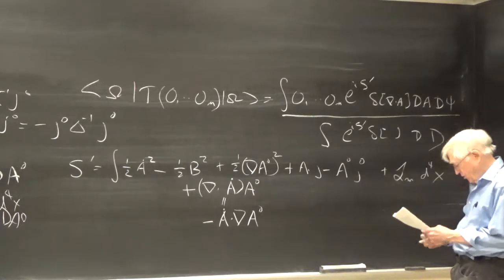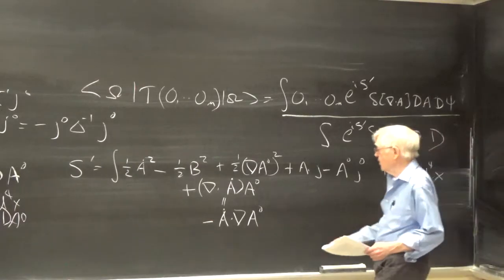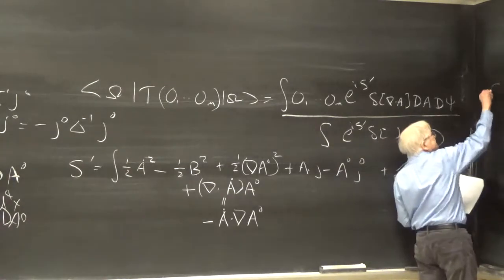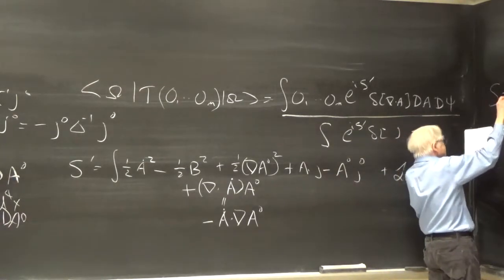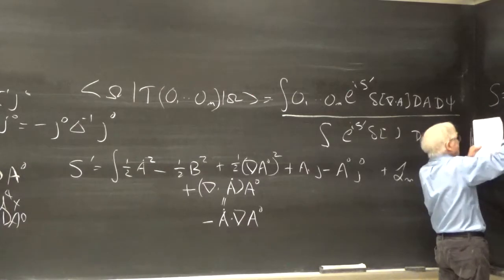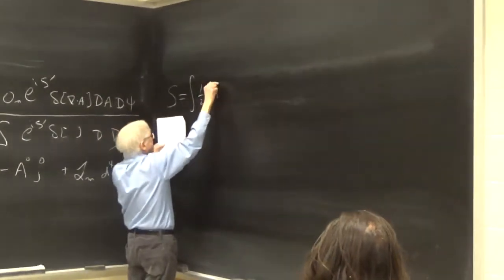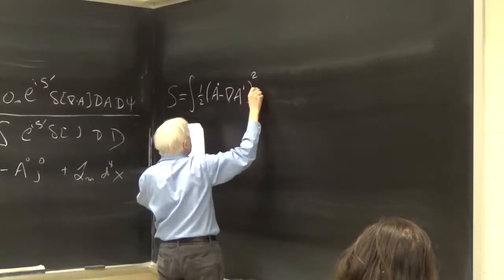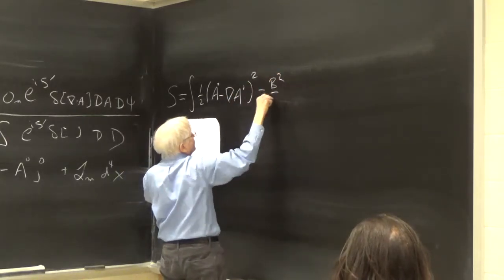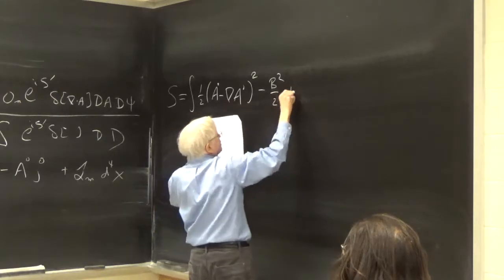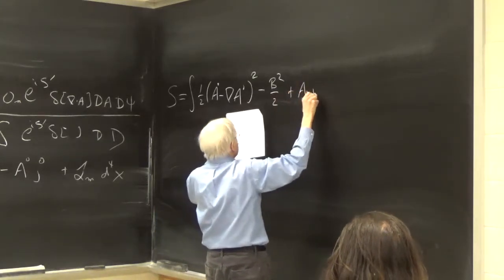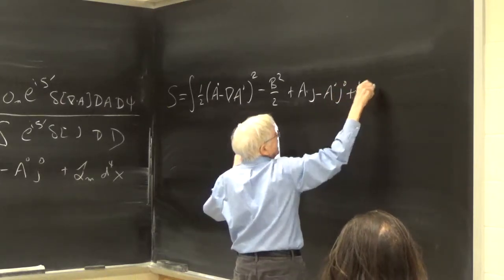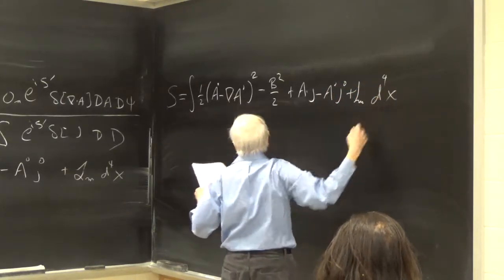Okay, so what do we have at this stage after we pop in this term? What we've got is that S prime becomes S, which is an integral of 1/2 (A dot minus grad A0) squared minus B squared over 2 plus A dot J minus A0 J0 plus LM d4 x.